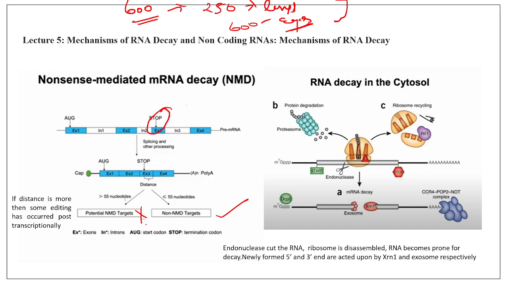If the distance of the stop codon from the exon junction is more than 55 nucleotides, it is a nonsense mediated decay target. If the distance is less than 55 nucleotides, it is not a target. So this is just another image for you to see. I've told you that endonuclease will come, and then at the 3' end the exosome will come, at the 5' end XRN will come. This is what we have already studied.